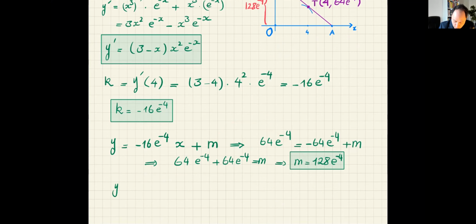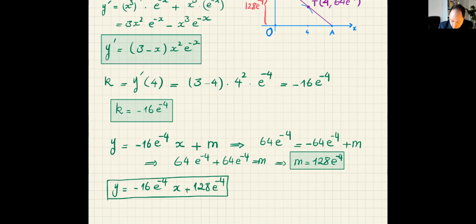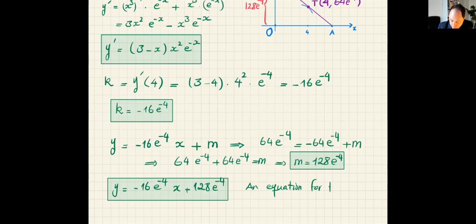So y becomes equal to minus 16 e to power minus 4 x plus 128 e to power minus 4. This is the equation of the tangent line, yes? The is not the correct word, an equation for the tangent line.